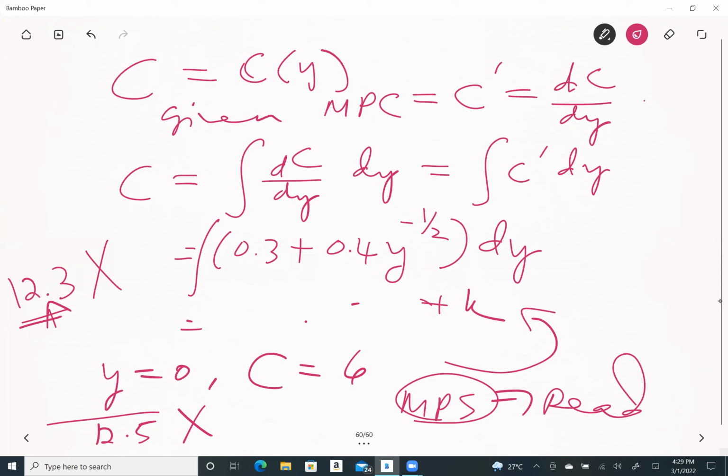It's an extension of chapter 12. 13.1 is the concept, theory.